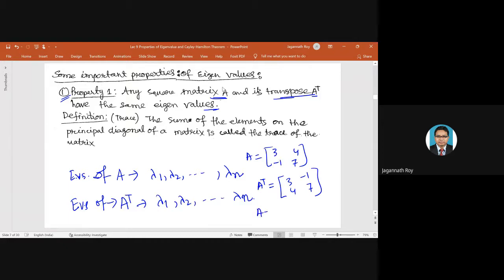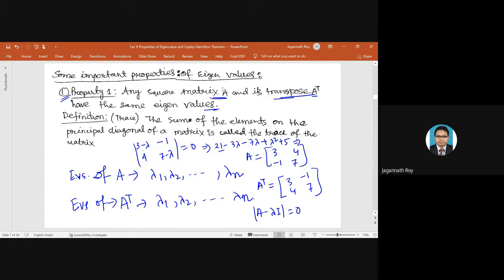If you take A minus lambda I equals 0, then you will get 3 minus lambda, -1, 4, 7 minus lambda equals 0.